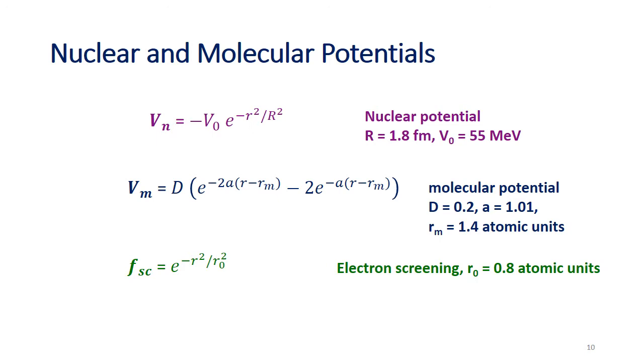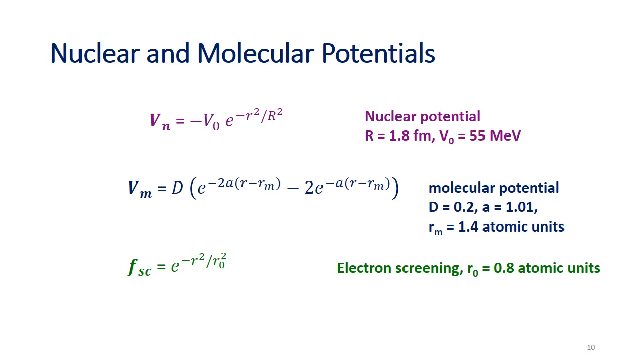Then we have this molecular potential, for which we use this standard formula. This is the Morse potential. These parameters D, A and Rm can be determined from data.